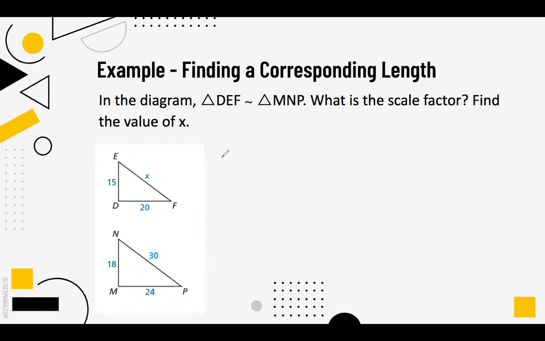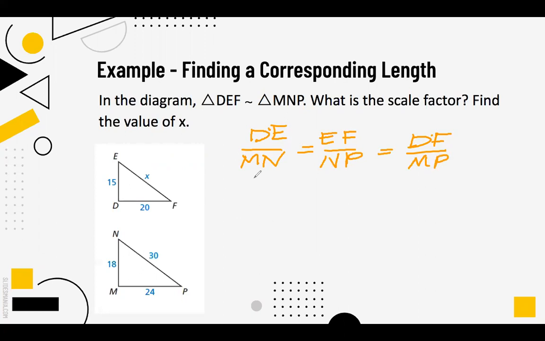If I'm using this statement, then I know that DE is similar to MN, and EF will be similar to NP. I don't know why this is skipping. And then DF would be similar to MP.